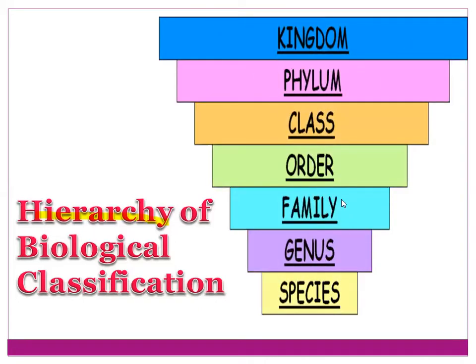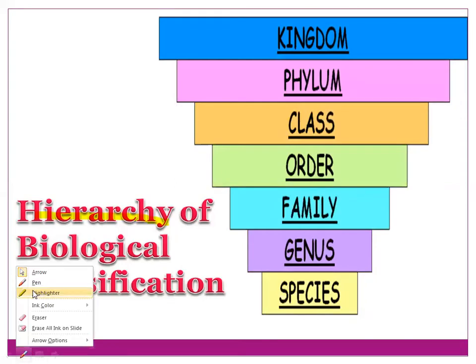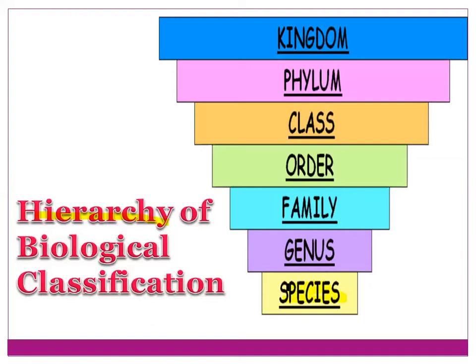You will remember that we have discussed this in our previous class. So what is this? Species. We will always start from species, that is the basic unit of classification. Then we place that species into genus, family, order, class, phylum, or you can say division. And the last one is kingdom.